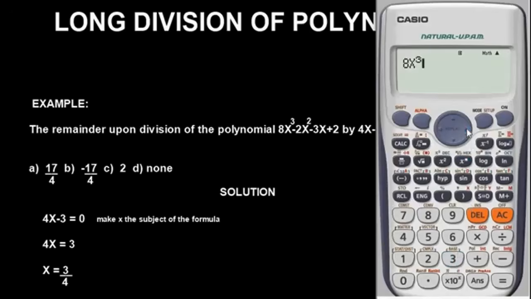You come down, minus 2x squared, which is alpha x squared, minus 3x, alpha x, plus 2. Okay, that's it. That's exactly what we have here. So let's press equal and see what we get as an answer.